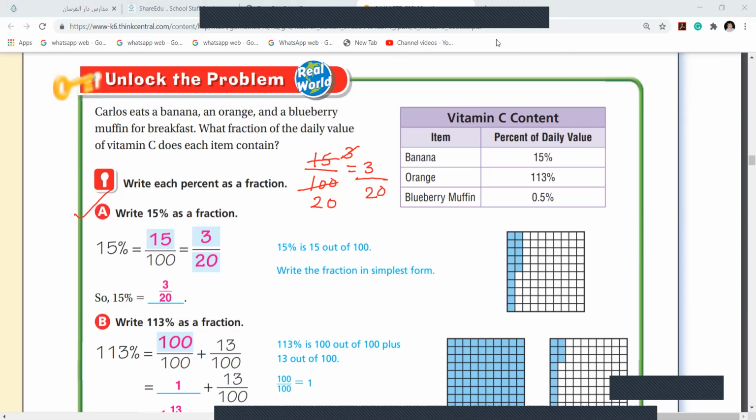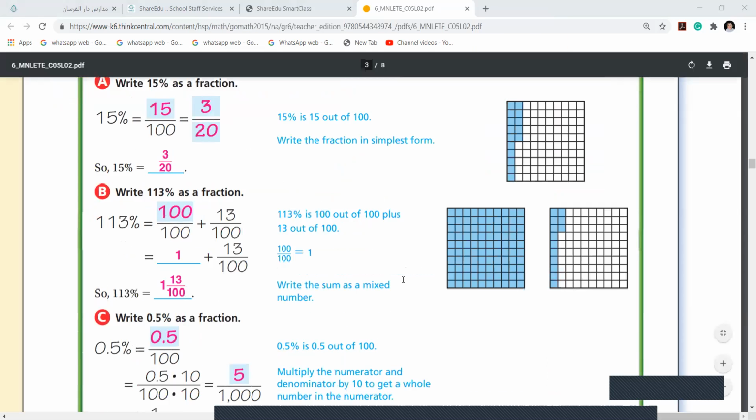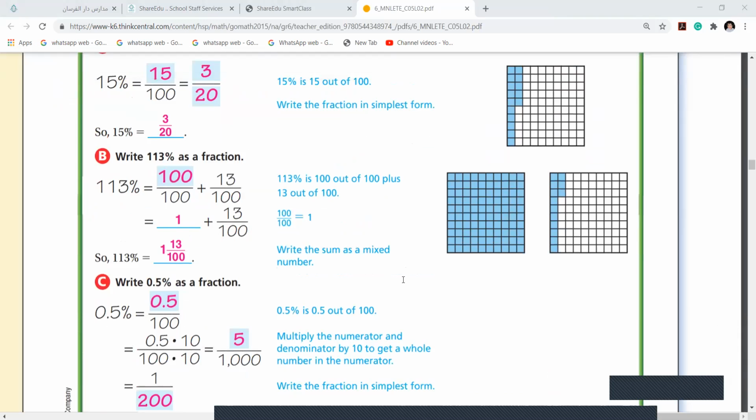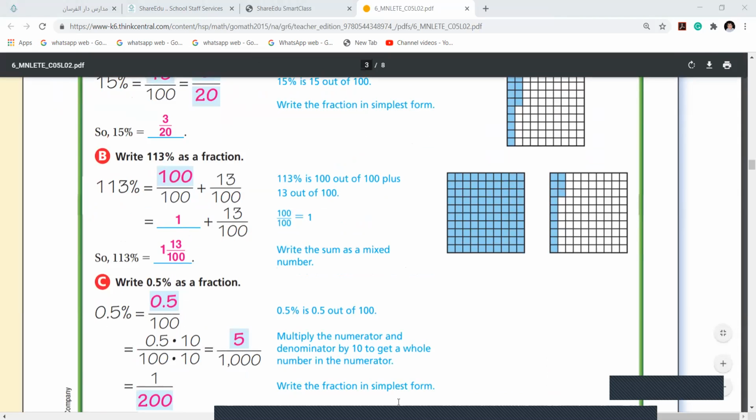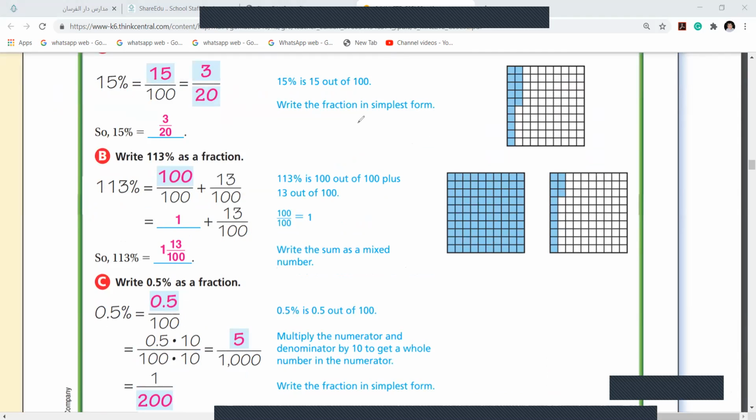Just understand, girls. Don't write. See the second one. 113%. That means 113 over 100. Now, why did I write 113 means 100 plus 13?